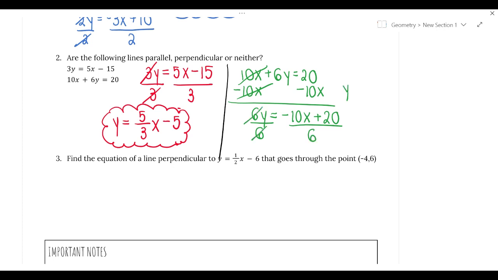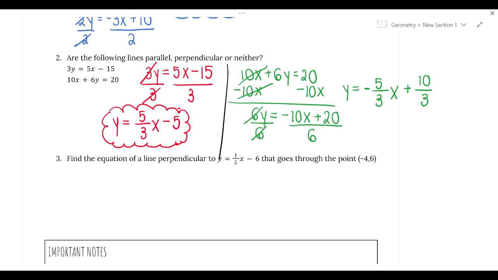So here we have y is equal to negative 10 over 6x can be simplified to 5 over 3x. And then 20 divided by 6 can be simplified to 10 over 3.